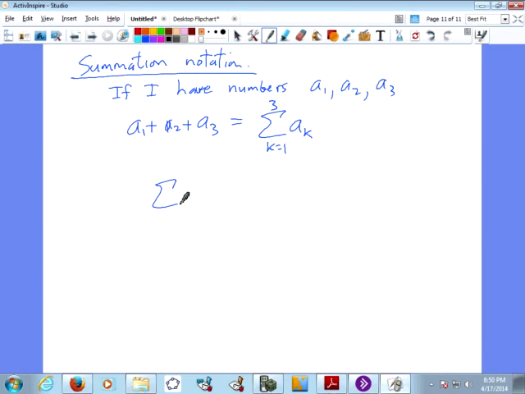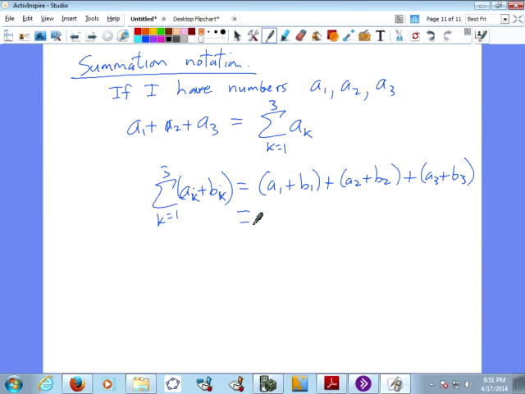Properties of summations. If we take the sum of one list of numbers A sub I plus another list of numbers B sub I from 1, or K, I tend to use I, but the book uses K. Well, what this means is A1 plus B1 plus A2 plus B2 plus A3 plus B3.